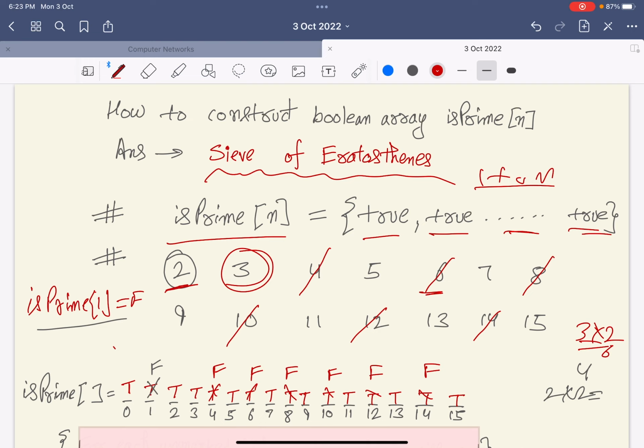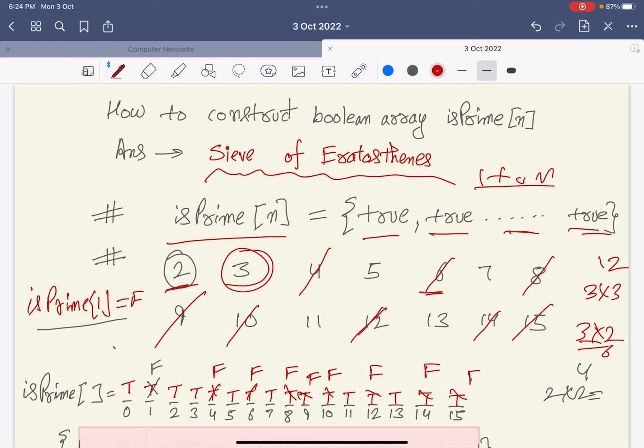So I start from the square of 3, that is 3 times 3, because before 3 all the multiples of 1 and 2 are covered. So I start with the square of 3 till n. The square of 3 is 9, so I mark 9 as false. Then the next multiple, 3 times 4 is 12, is marked as well. Then 3 times 5, which is 15, will be marked false.